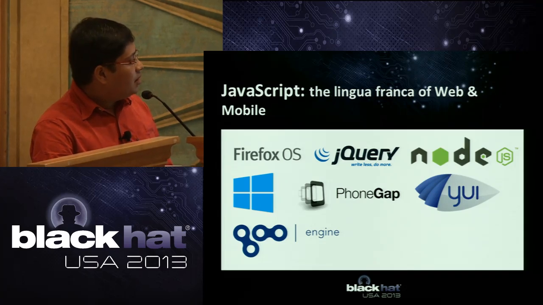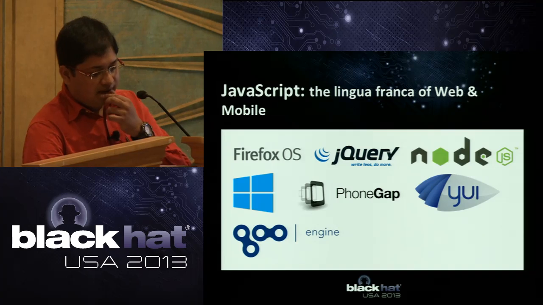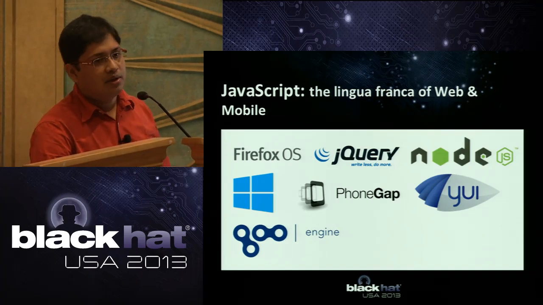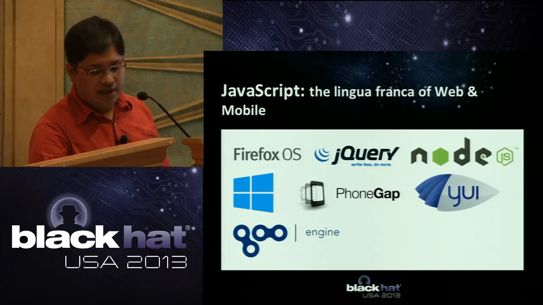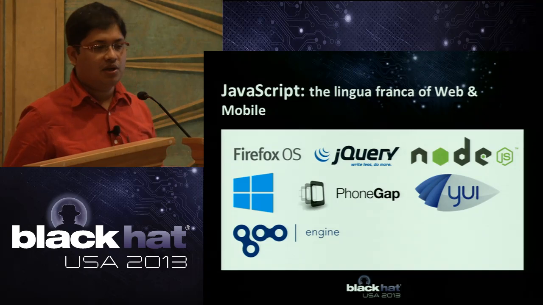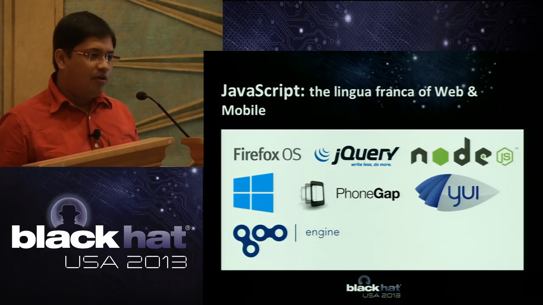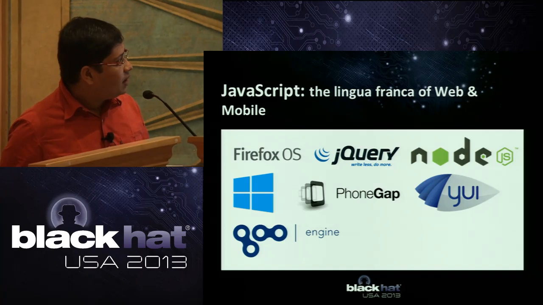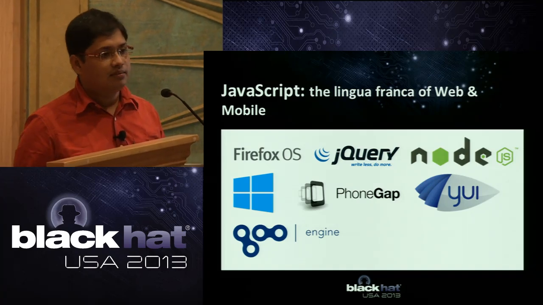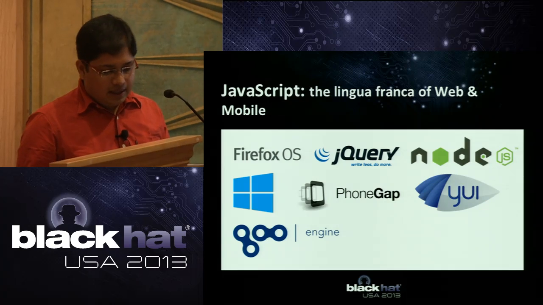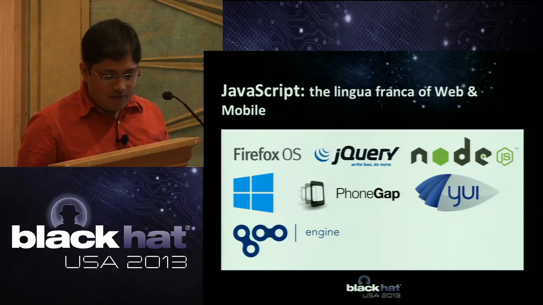There are new SDKs and frameworks being released, like the Goo engine, which lets you write interactive 3D games using JavaScript and HTML5. So it's everywhere. Sorry, I forgot to mention Node.js, the new server-side JavaScript.